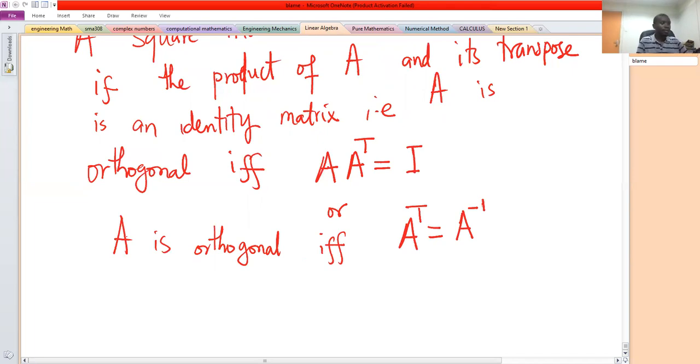Because if you multiply the inverse of a matrix by the matrix itself, you get an identity matrix. So if the definition of orthogonal is that the product of A and its transpose is identity, then the transpose of that matrix must be the same as the inverse of the same matrix for that equation to always be guaranteed.